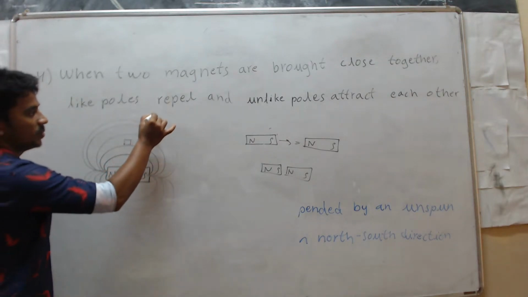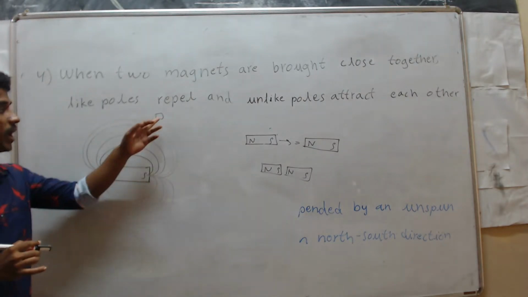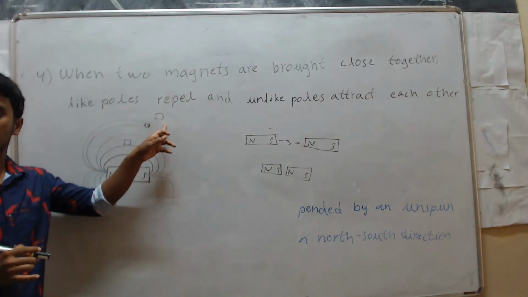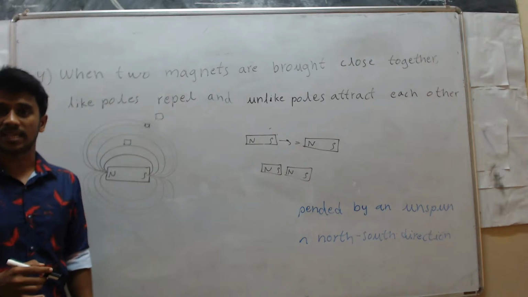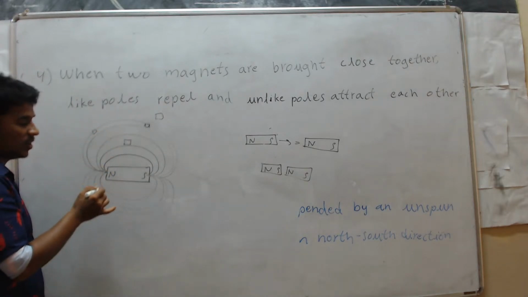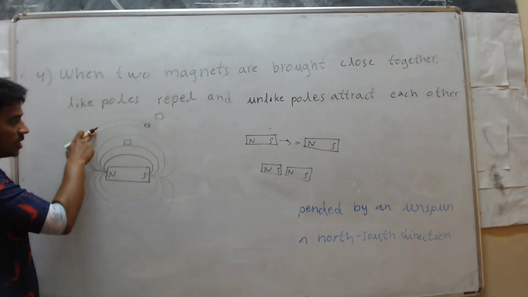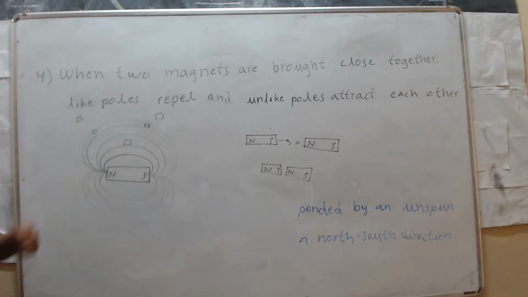Suppose if you keep some pieces here, then it won't attract, so there are no magnetic field lines, means there is no magnetic field. So magnetic field is nothing but magnetic field lines.